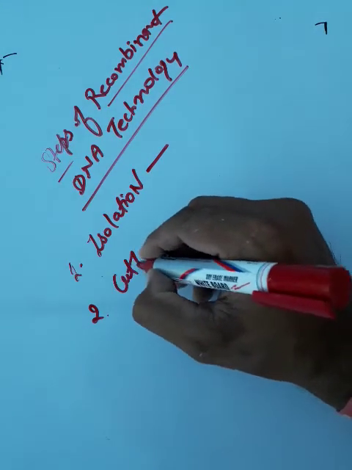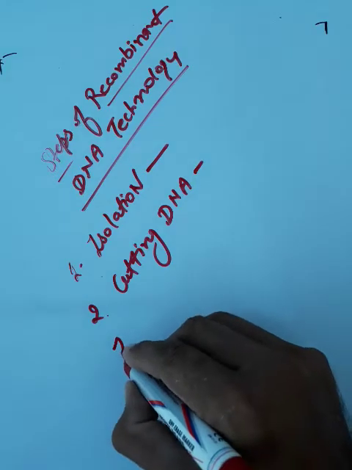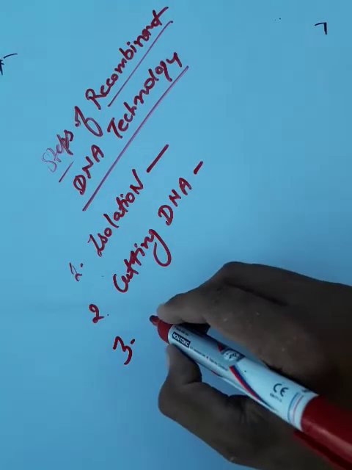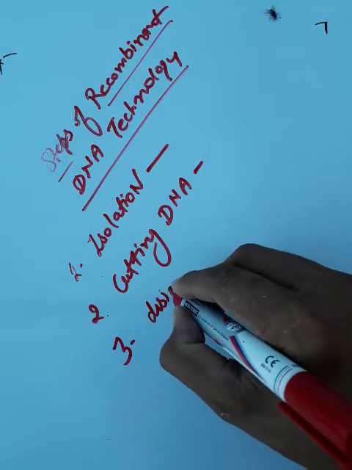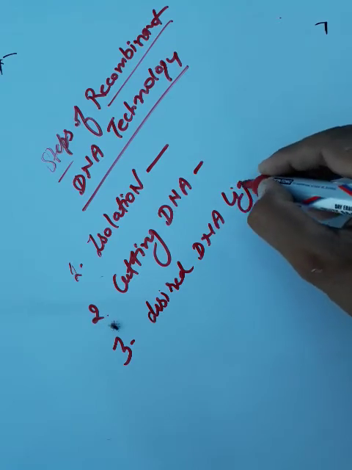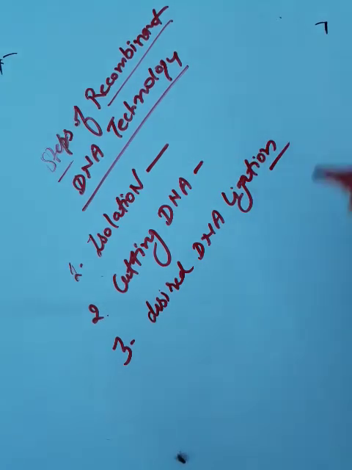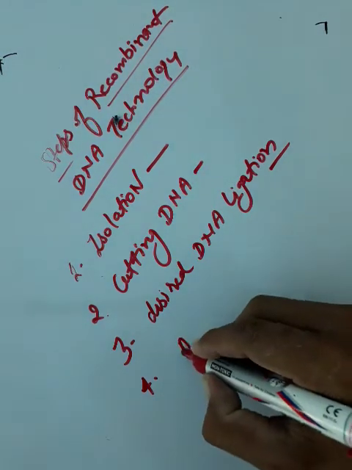cutting of desired DNA. After that, desired DNA ligation. Fourth, amplification.